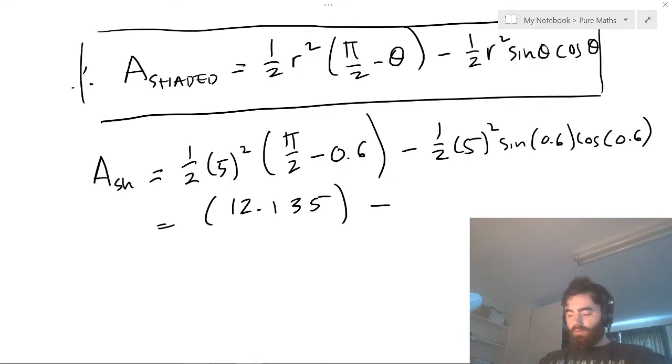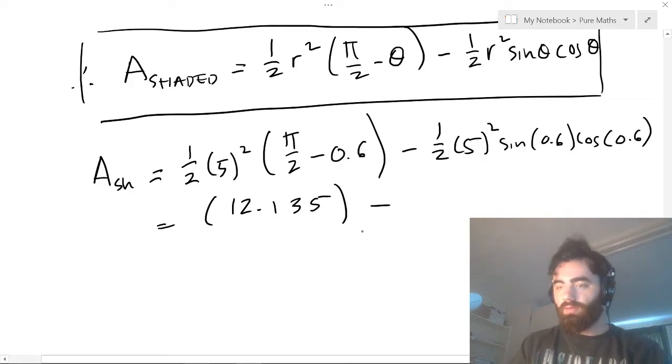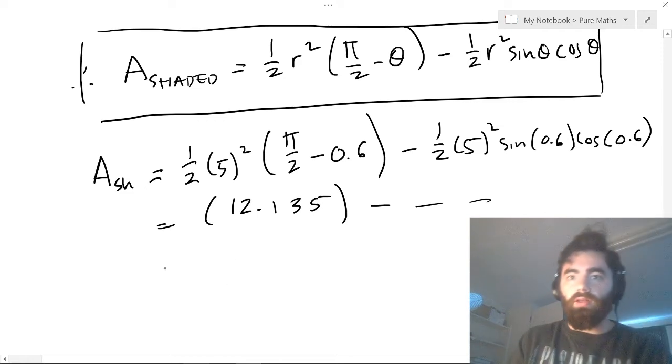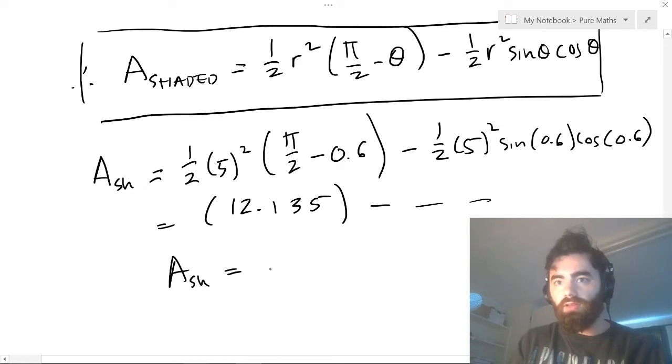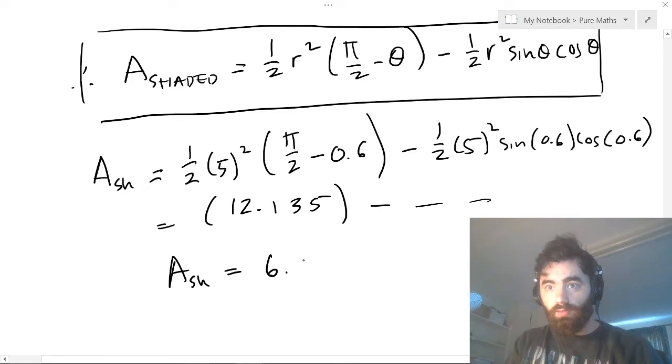So I got 6.3. The final answer for the shaded region is 6.31.